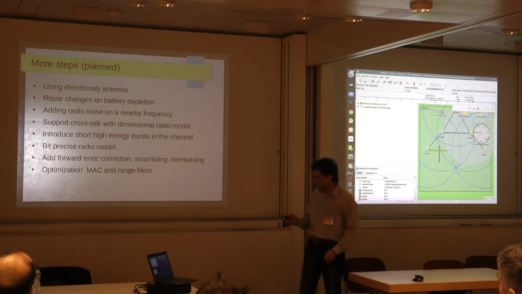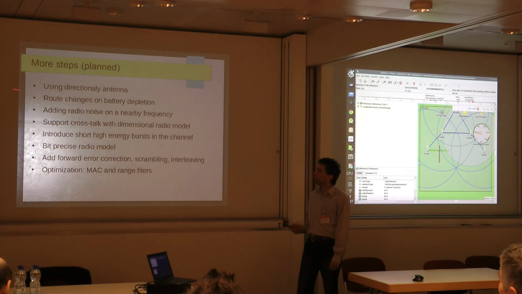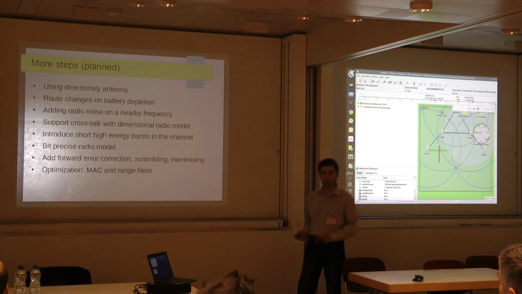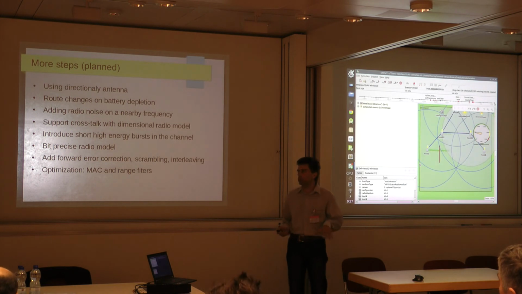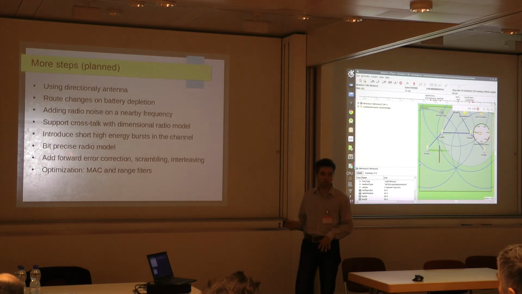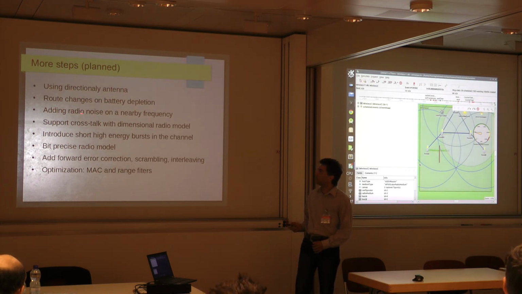That was not all, but what we have right now. Some additional steps for the tutorial itself could be, all these things are already implemented in INET, they are just not in the tutorial. So we could add some steps for directional antenna, route changes or battery depletion, adding radio noise, supporting crosstalk.